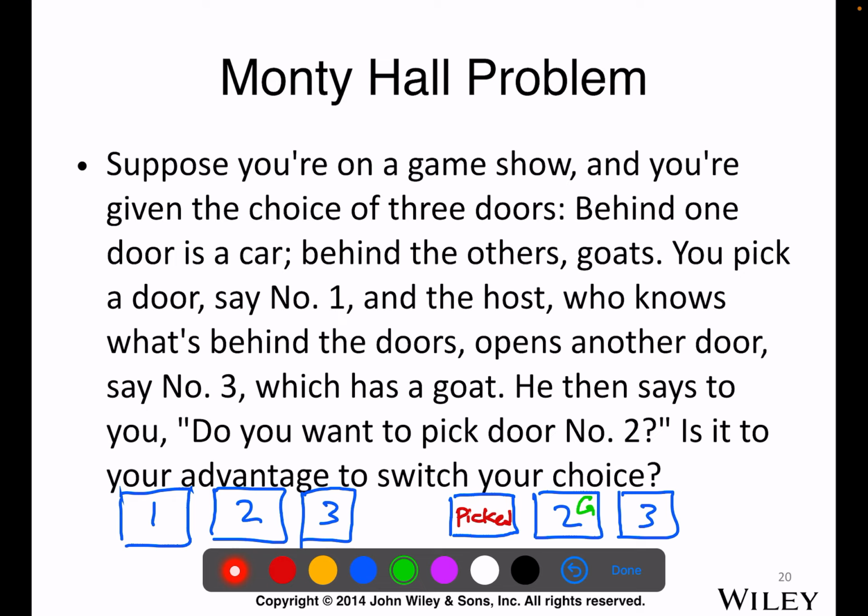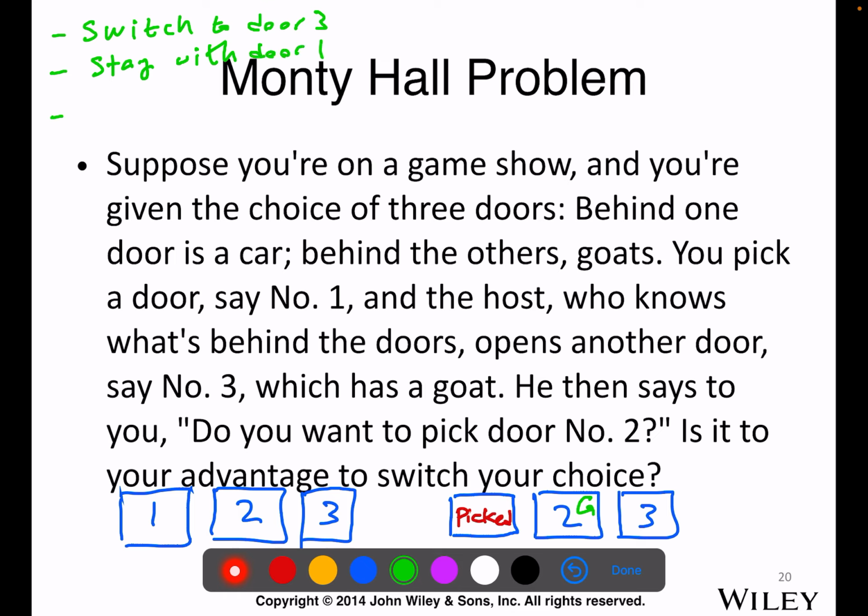So before we try to solve this, I think there are 3 options, right? So option 1 would be to switch to door 3. Option 2 would be to stay with door 1.